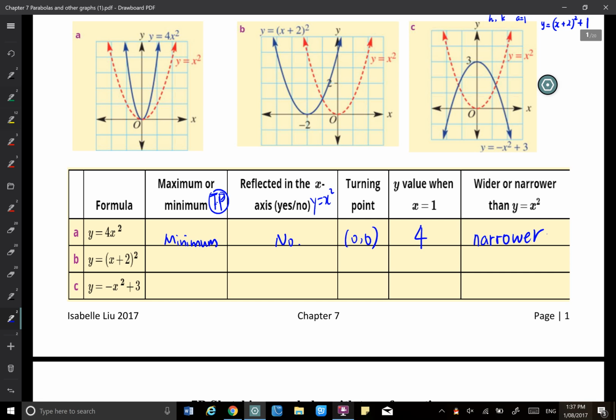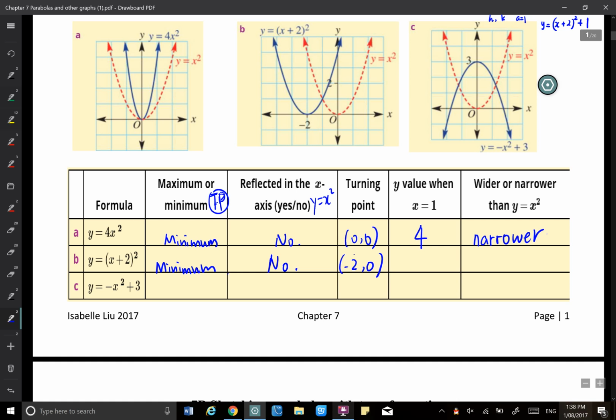Next one, (x plus 2) squared. Do we have a maximum or minimum turning point? Minimum again. Is that reflected in the x-axis? No, not reflected. What's the turning point? (Negative 2, 0).